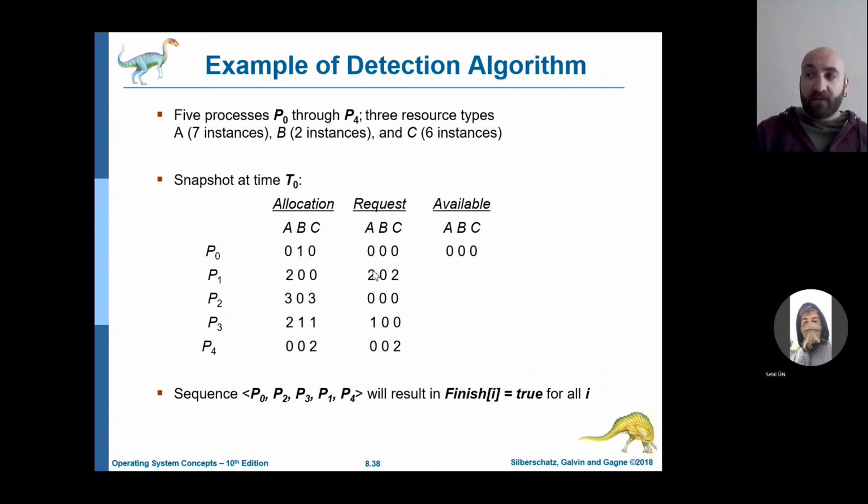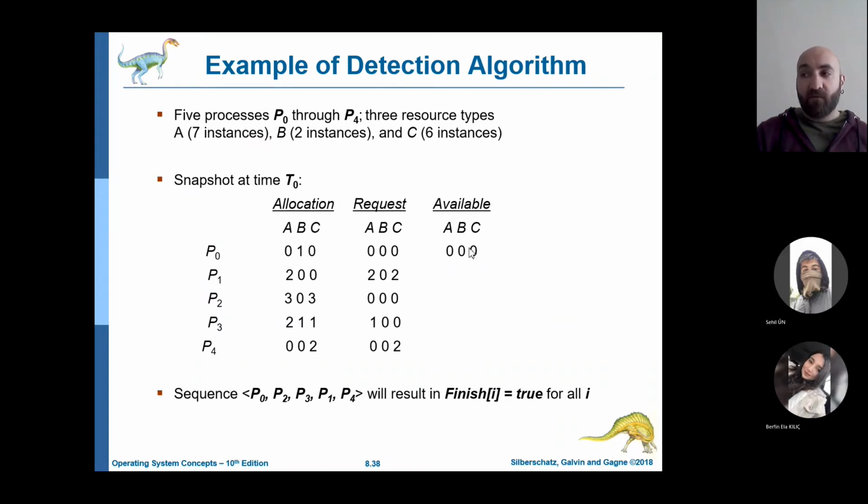I cannot afford the request of P1, but I can give the resources to P2, because P2 is not requesting any resources. So I can execute P2 as the second process. After the completion of P2, my available vector will be available plus allocation i, so my new available vector will be 3, 1, 3.